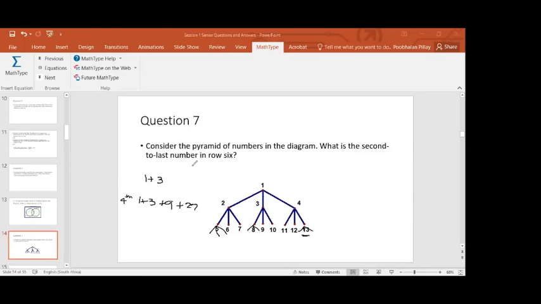The question is, which is the second to last number in the 6th row? So we need to go on. In the 5th row, you got 1 plus 3 plus 9 plus 27. That's 40. Plus, the next one will be 81, because each of these 27 will have 3 prongs to it. So that's 121.